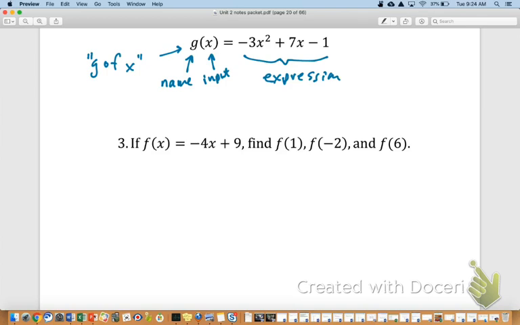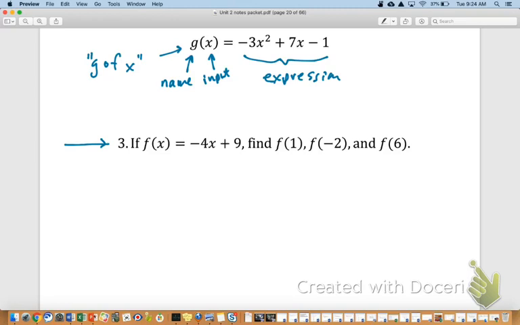So number 3 right here says if f of x, now remember, what does f of x not mean? Multiplication. It does not mean multiplication. I know sometimes people get hung up on that. It means the name of the function is f and the input is x. That's all it means. So f of x is equal to negative 4x plus 9.